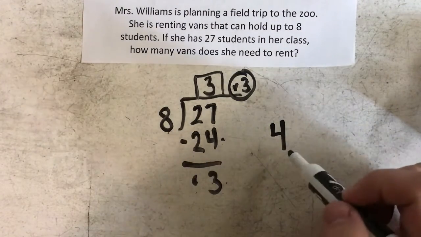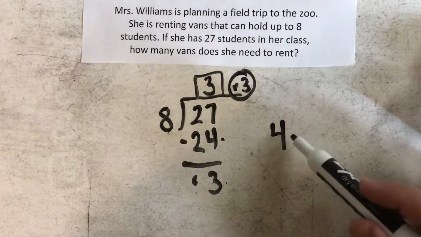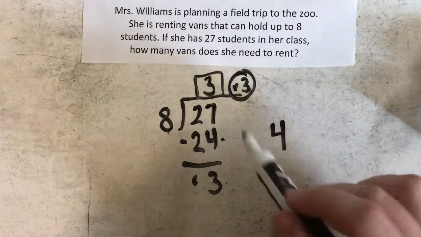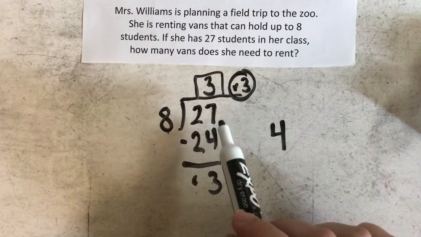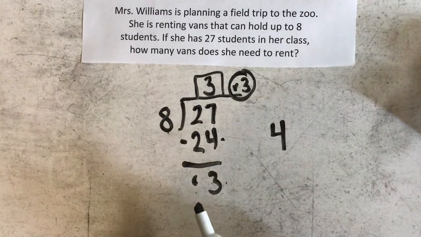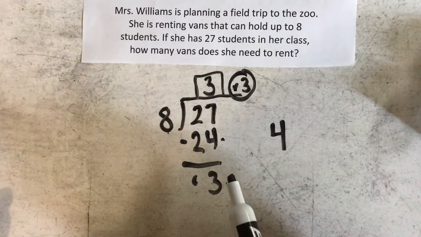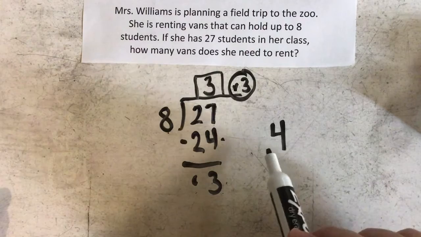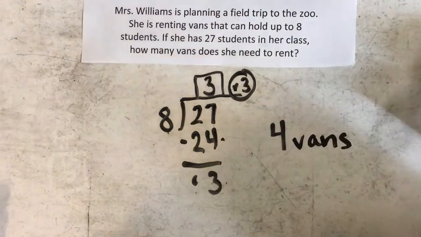Now, will there be extra spots in the 4th van? Sure. It won't be 4 full vans, but 4 vans is how many I would need to make sure that all students were able to go. Again, you wouldn't want to be left behind on the field trip, so the remaining 3 students don't either. So we need to make sure that we order another van in order to answer my problem.